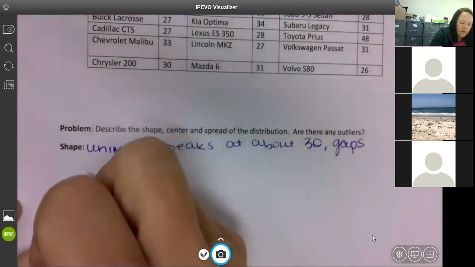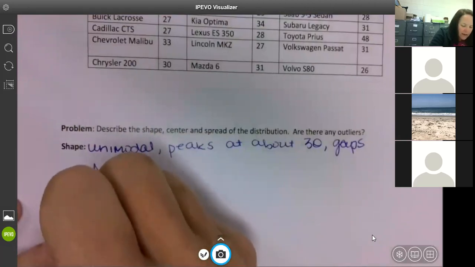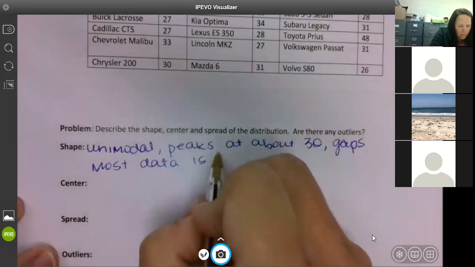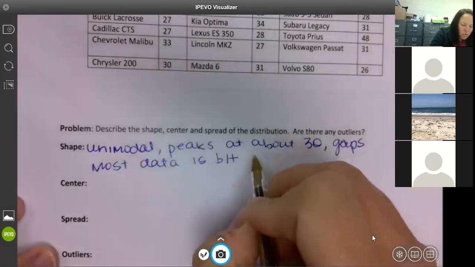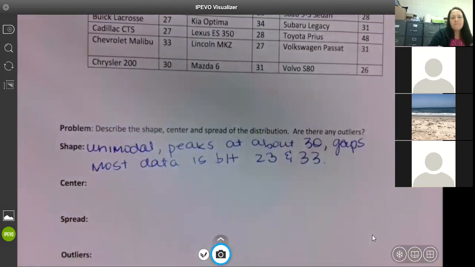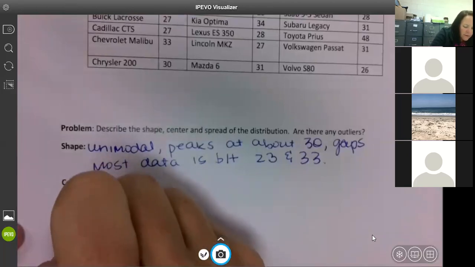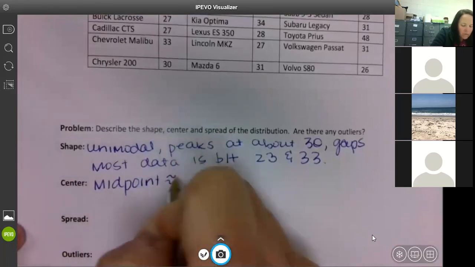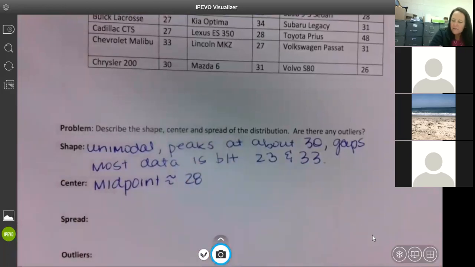And then just to give you another thing to go by, most of your data is between 23 and 33. Okay. Where's your center? If we actually found that, your midpoint would be approximately 28.